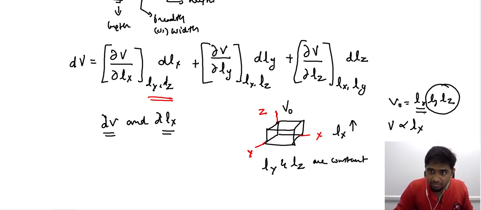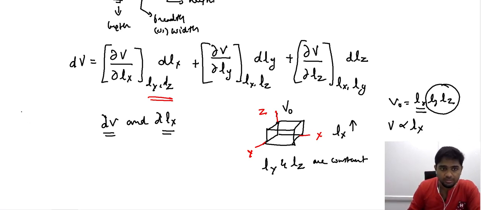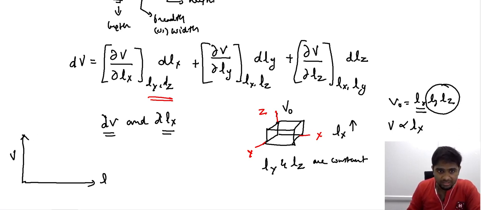So we can use this proportionality symbol to indicate that the volume is linearly proportional to the dimension that is increasing. When you plot the volume versus the dimension along the specific direction, volume versus Lx, you observe a linear relation, and this means that this has a specific form.